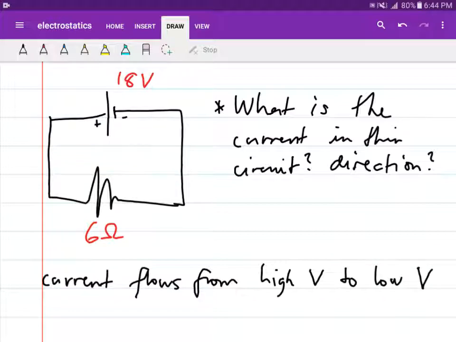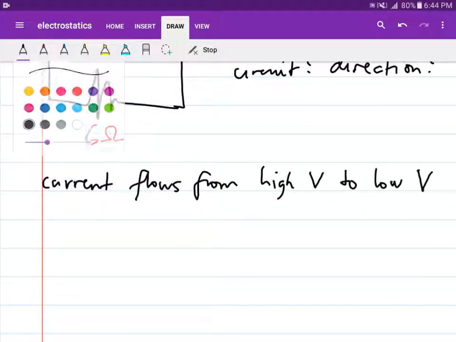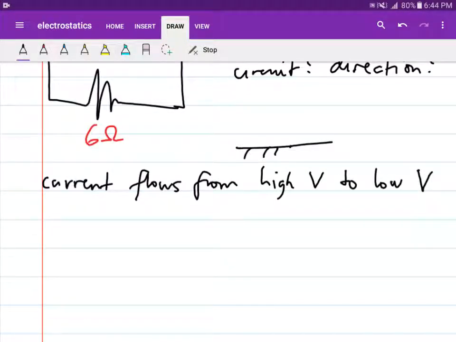So sort of like when you have here the ground, the earth, and you lift, say, a ball up, what you observe to be the current, or the flow from high to low potential, is the ball that will eventually go down. So that is the analogy of our current.